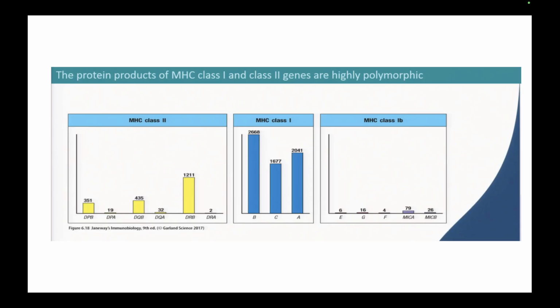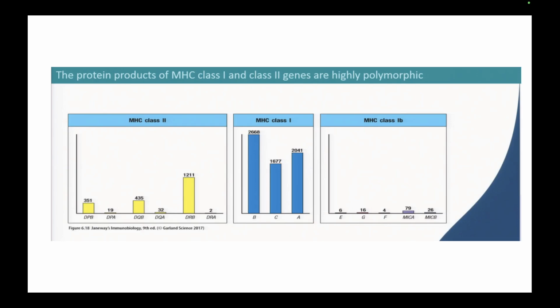For example, suppose one person has 500 polymorphic MHC class 1 genes, and another person has 500 other varieties. Then in total there are 1000 varieties of MHC class 1 known to us.